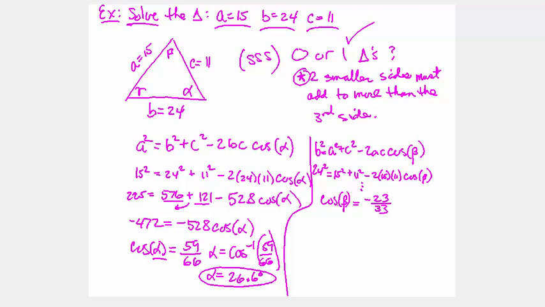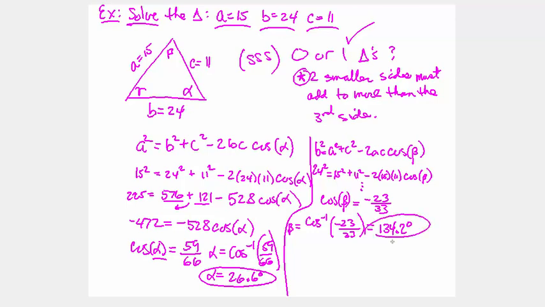To get rid of cosine, and therefore get beta alone, I'll just use the cosine inverse. So the cosine inverse of both sides would end up with beta equals the cosine inverse of negative 23 over 33. And rounded to a tenth, that should be 134.2 degrees. Alright, so now we know alpha and beta.